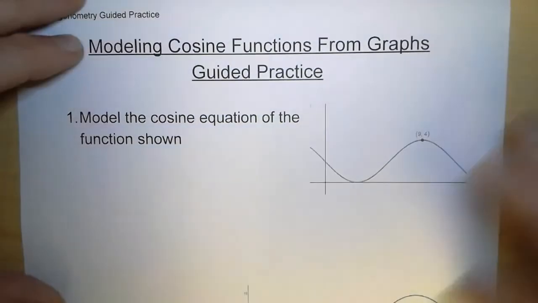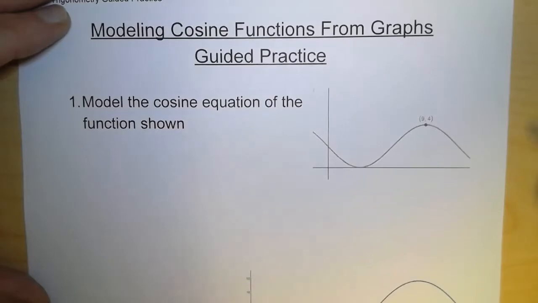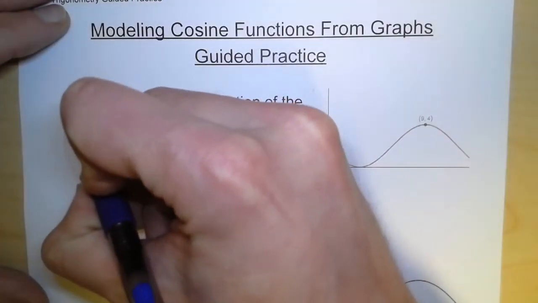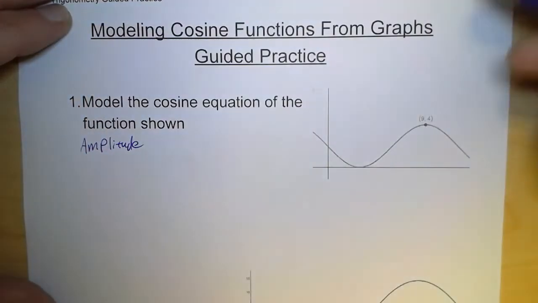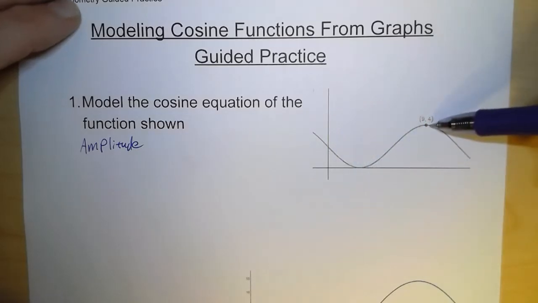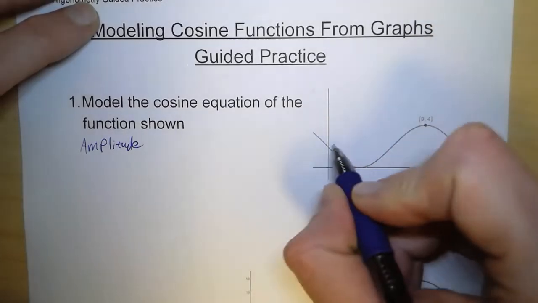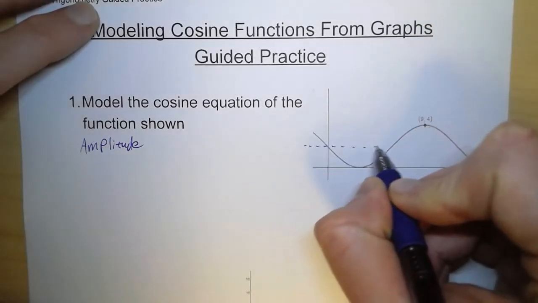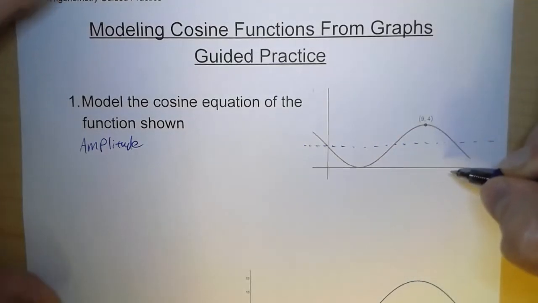Let's explain. When you're given a graph, the first thing you want to do is identify the four key components. The first one being the amplitude. Looking at this graph, it goes down to the x-axis and then goes up to 9, 4. So where's the amplitude? Well, the amplitude is from the middle to the top and the middle to the bottom.